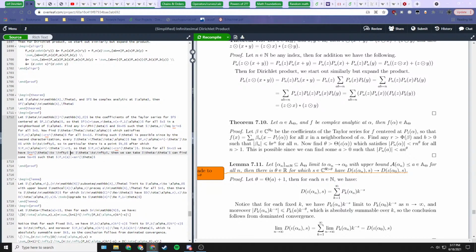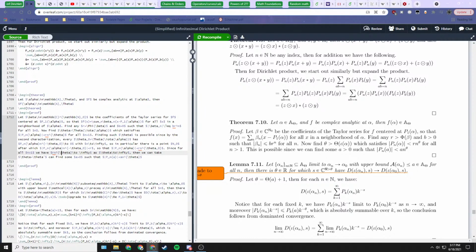Actually, let's do this. Finding such theta is possible since every theta 0 greater than theta alpha has, so theta prime we'll take theta 0, particular after which theta 0 is less than that, so then this is less than that.